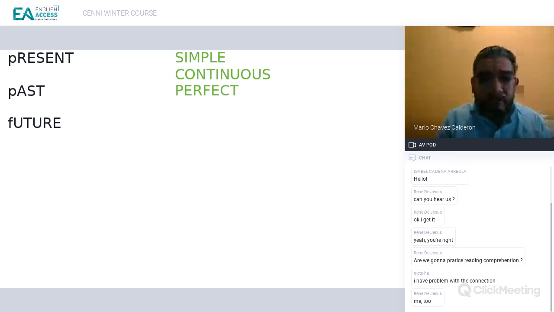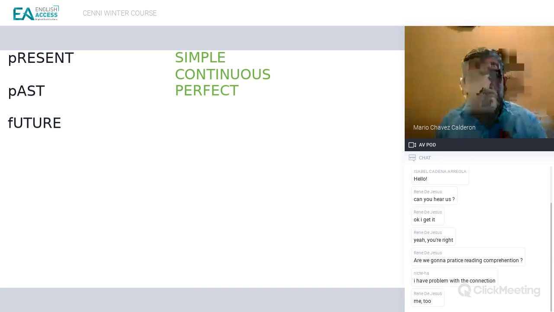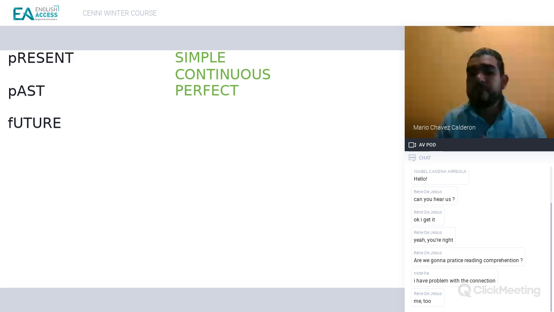So we have present simple and present continuous. We have past simple and past continuous. We have future simple and future continuous, right? The same way we have present perfect, past perfect, and future perfect, right?